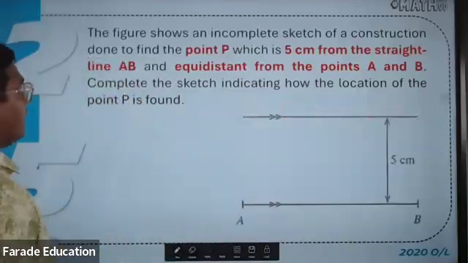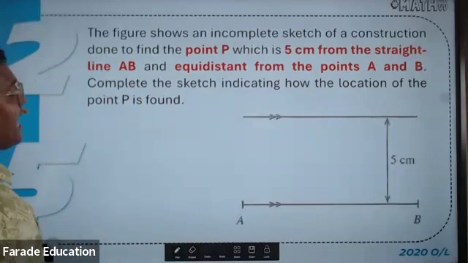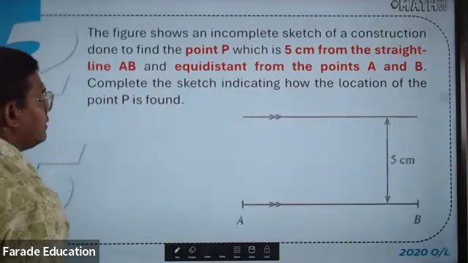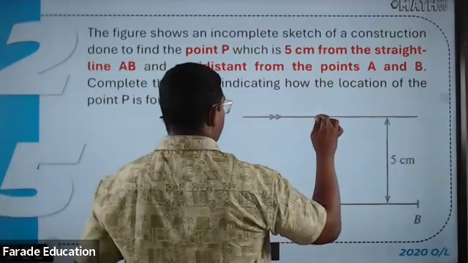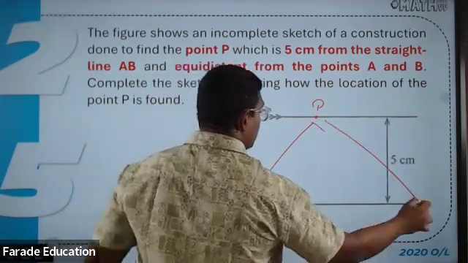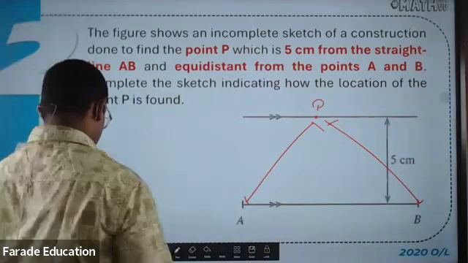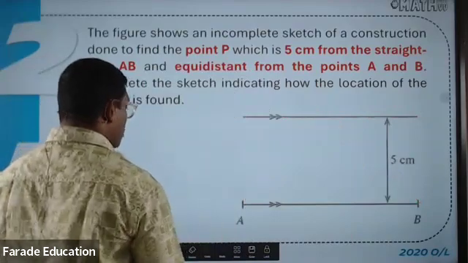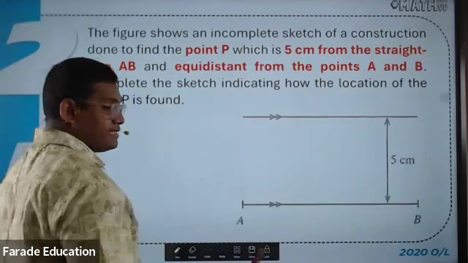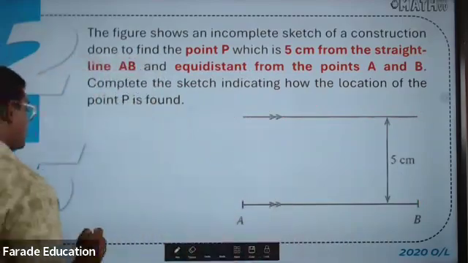Now I'll check what is the second data. The point is equidistant from A and B. When the P is here, the distance from this and the distance from this should be equal. How do you find a point? That means we have 4 main types.